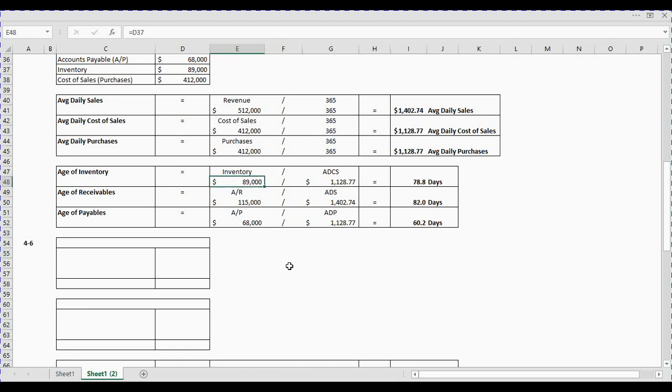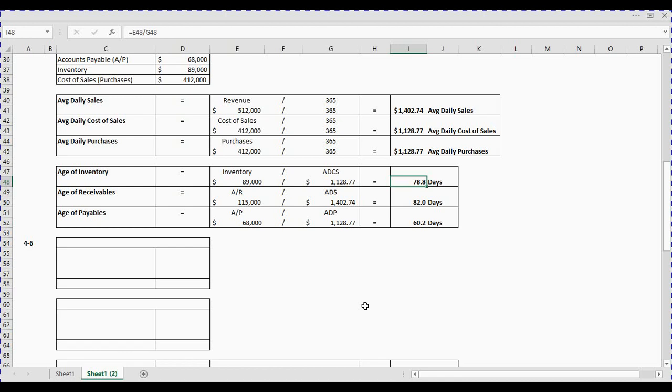So if I have on my balance sheet $89,000 worth of inventory and my average daily cost of sales is $1,128.77, then that means I could expect to sell all of that inventory in just under 80 days, 78.8 days. That's not a great number. I'd like for that to be a lot lower.